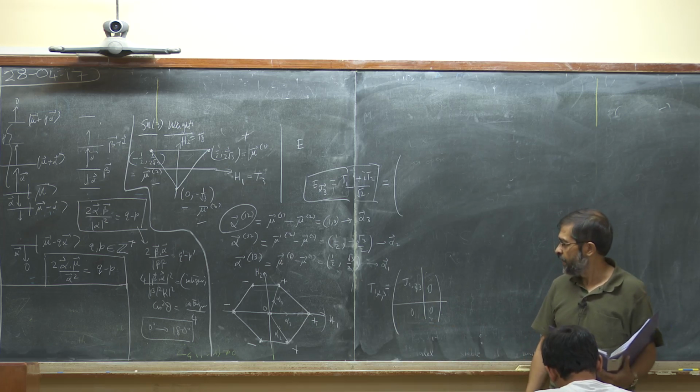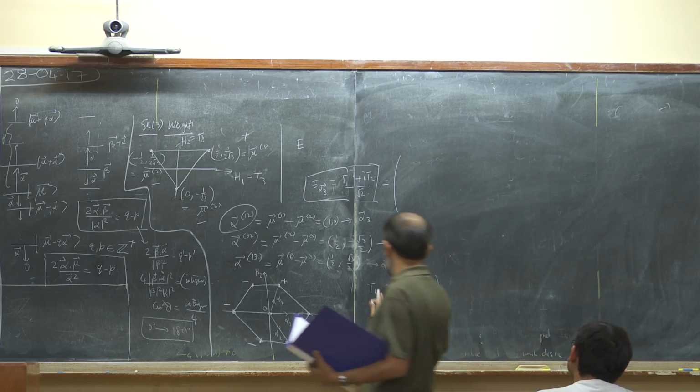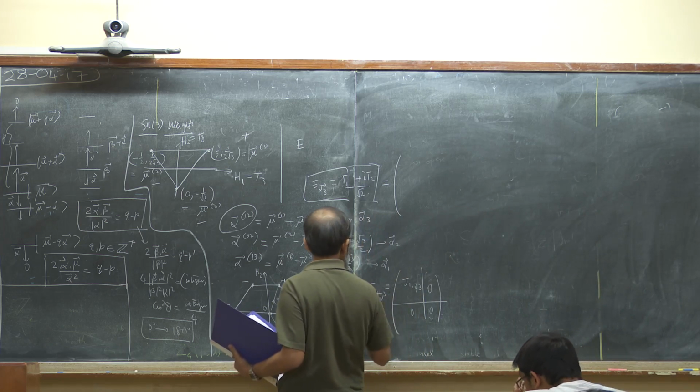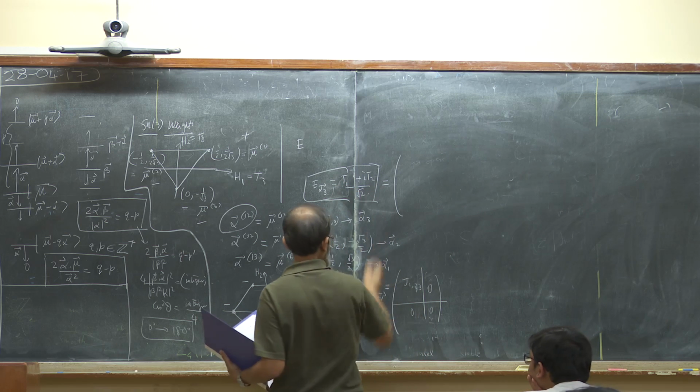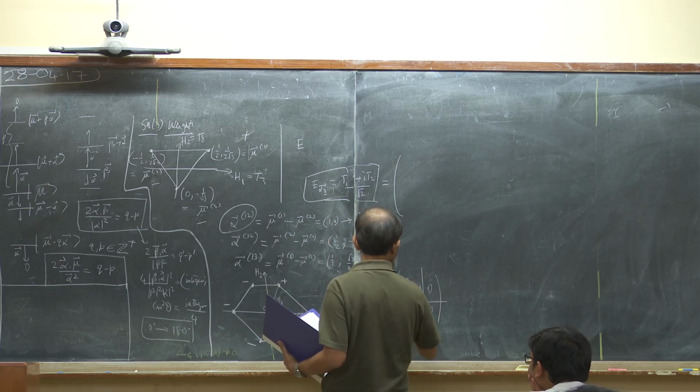And so it's clear that when I take these combinations, like T plus minus, then it will become J plus minus and J3.